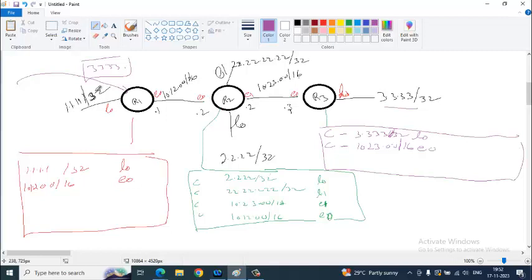Now, writing a static route can be done in 2 ways. One, you can say in order to go to 2.2.2.2 or 3.3.3.3, you go to the next router. For router 1, router 2 is the only gateway. What is a gateway?